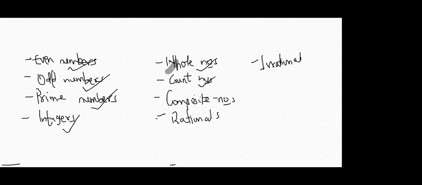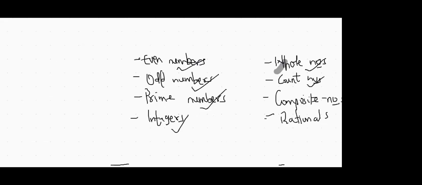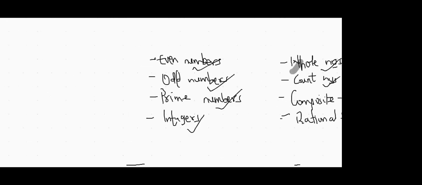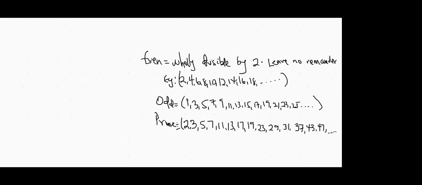There are so many of these forms of numbers, even including sets. However, for the purpose of our exam, we are going to limit ourselves to these 9 sets of numbers. Because the syllabus says we should have a fair idea about these numbers, we went ahead to look at what they are. We began with even numbers, and we mentioned that even numbers are numbers that when you divide by 2, leave no remainder.